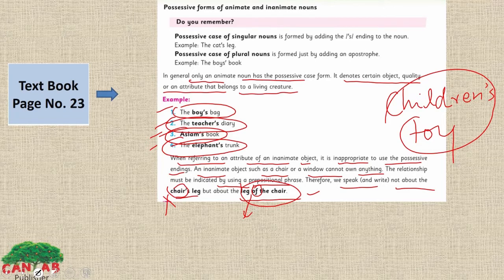Chair and leg are related because the leg belongs to the chair. The leg of the chair belongs to the chair. They have a relationship. So with inanimate nouns we will simply put of to show the relationship. I hope you have learned the concept of both plural and singular possessive forms of animate and inanimate nouns. Now let's move to the exercises here.